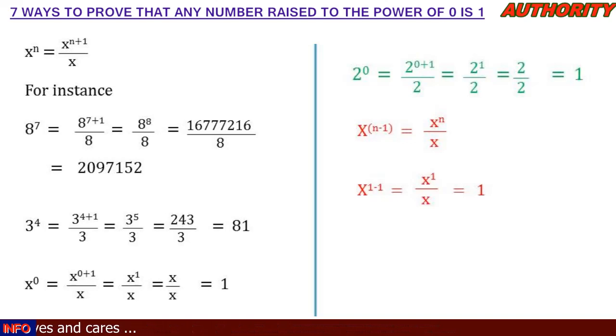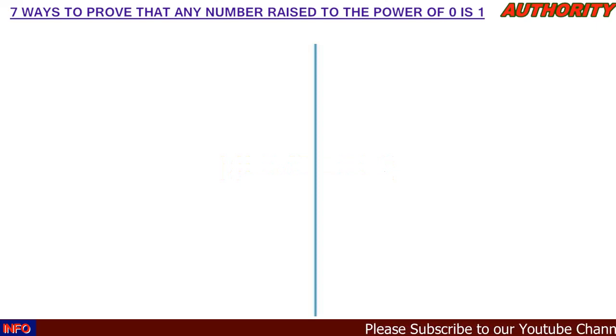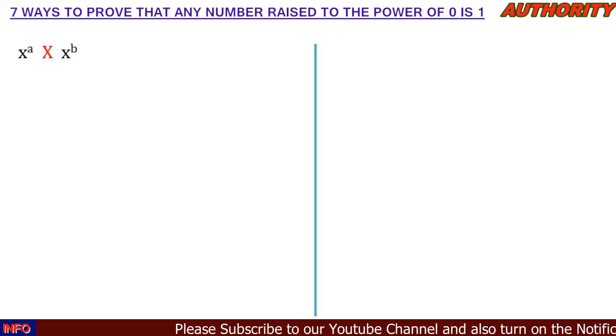That is number 1 way. Now the number 2 way to show that any number raised to power 0 is equal to 1. When we're talking about exponents, let's take a look at this: x raised to power a times x raised to power b.